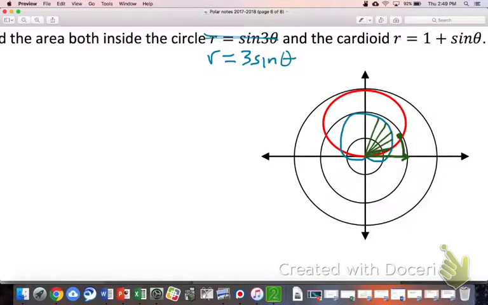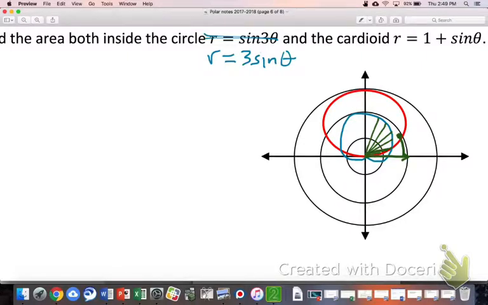So once you get to that intersection point, you continue to sweep out counterclockwise. Now the circle is not going to be the thing that's telling the radius how long to be. It's going to be the cardioid. So instead of something minus something, do you see how this is really going to be something plus something? It's going to be this little itty chunk of area determined by the circle, and then a much larger chunk of area determined by the cardioid, and then more cardioid, and then a little tiny bit of circle.